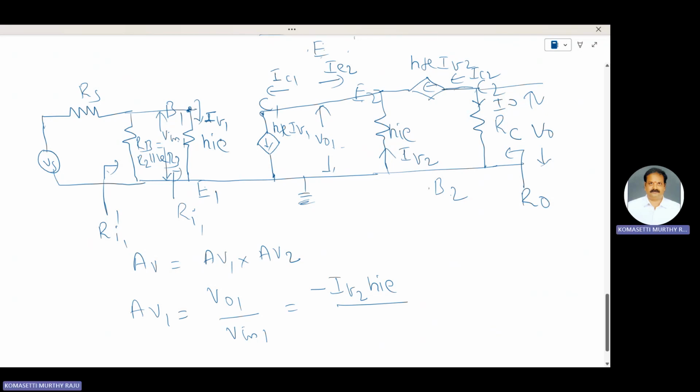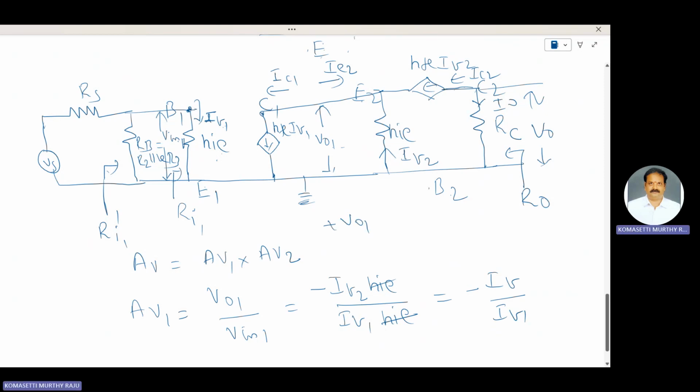The current flow through this HIE is IB1, and the drop across this HIE is Vin1, equal to IB1 into HIE. Therefore, AV1 is equal to minus IB2 by IB1.